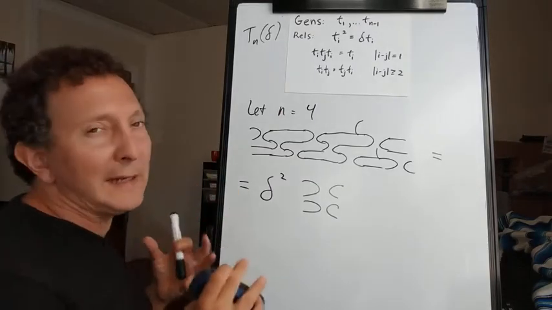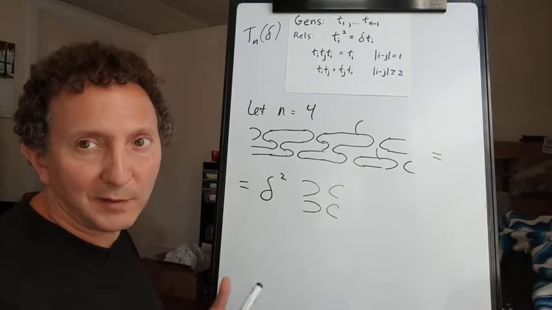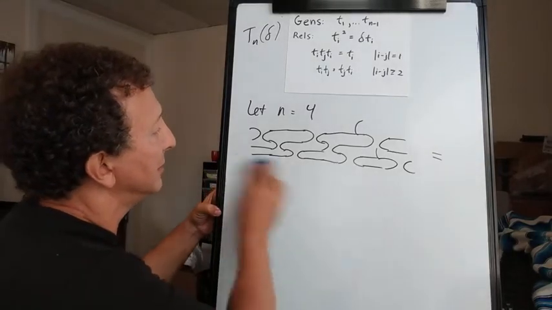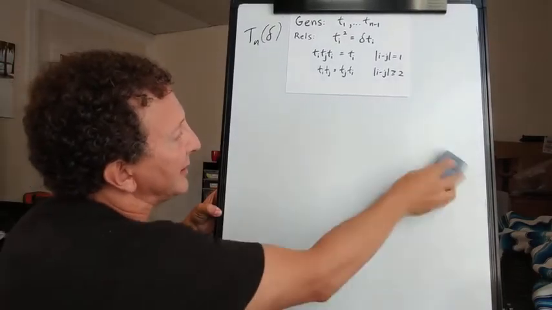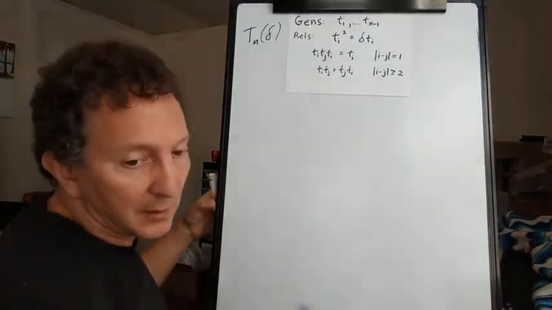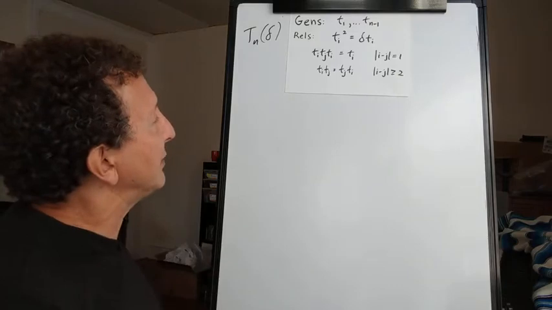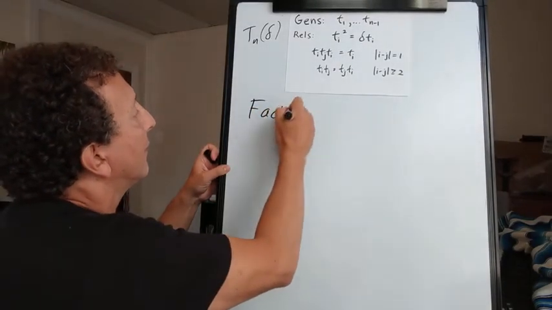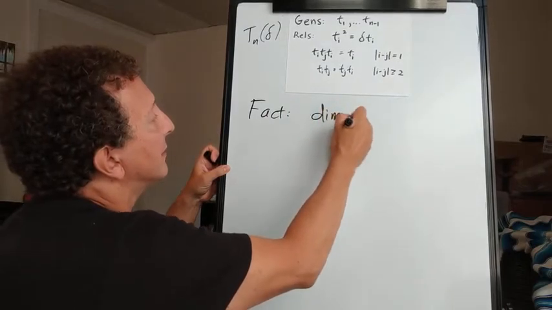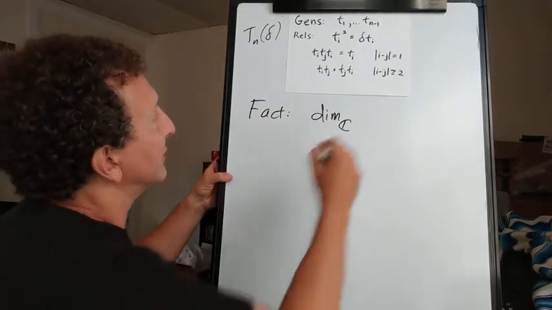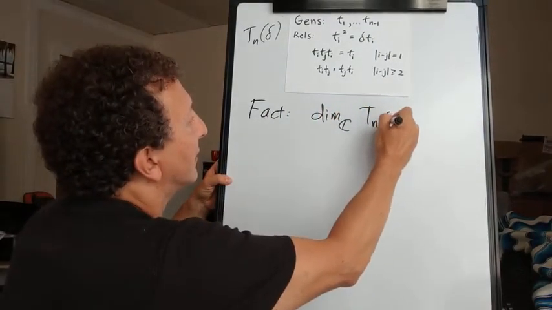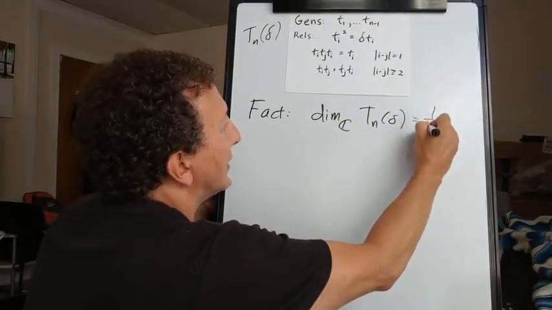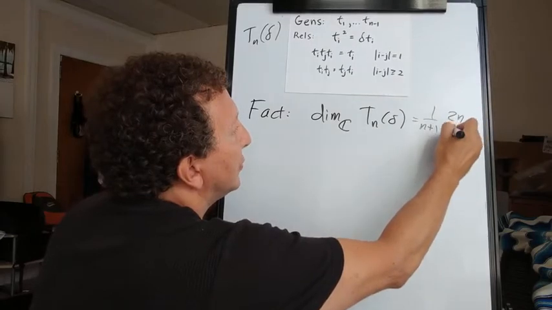So obviously we don't need every possible monomial in the t's. This is not an infinite dimensional algebra. Or maybe we can't see that right now. But we know we don't need every possible combination. Turns out that the dimension as a complex vector space of the Temperley-Lieb algebra is 1 over n plus 1, 2n choose n.